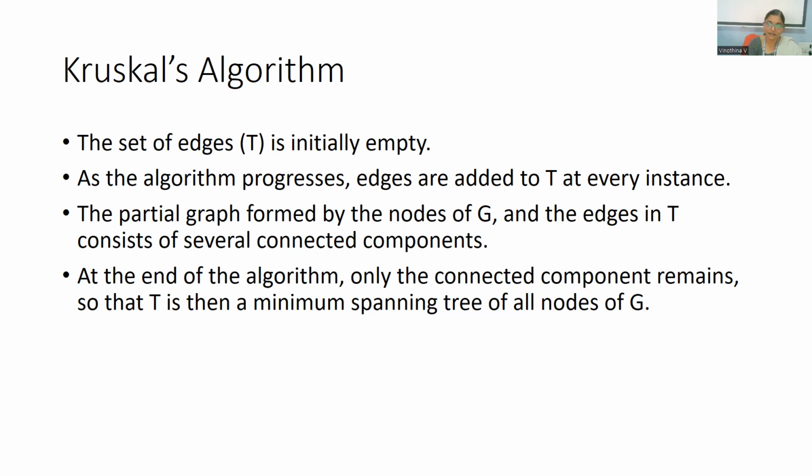So the final graph does not contain any cycle. That is the property of a spanning tree. A spanning tree contains all the vertices of a given graph and the edges without forming any cycle.